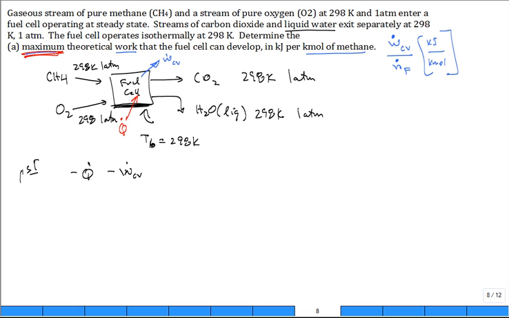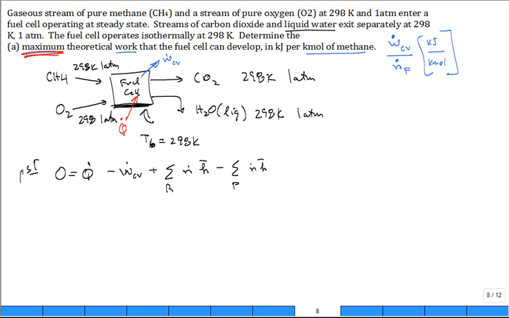We're going to do steady state, and then we're going to have the sum of the molar flow rates times the molar enthalpies of all of the coming in reactants minus the sum of the products molar flow rate enthalpies. True?